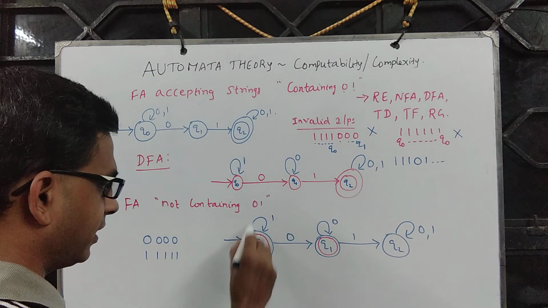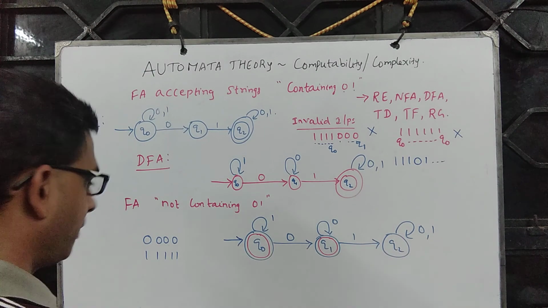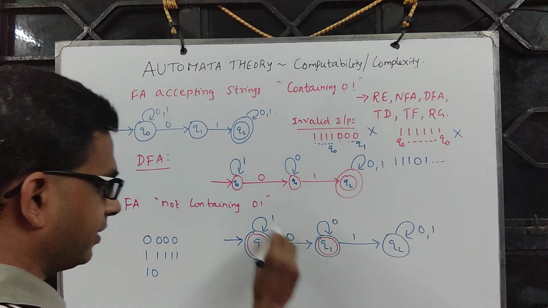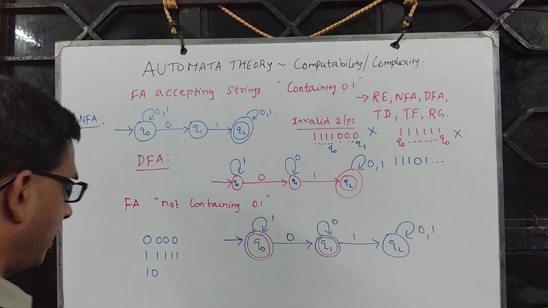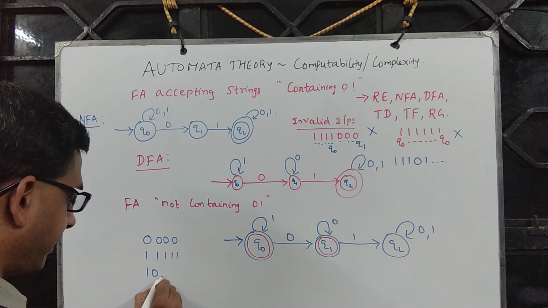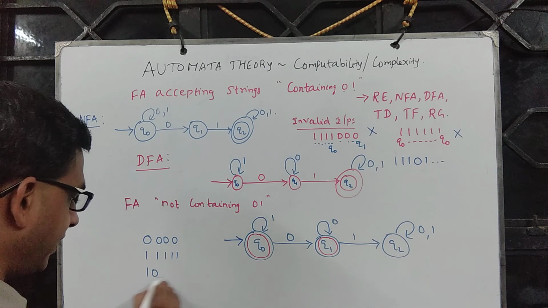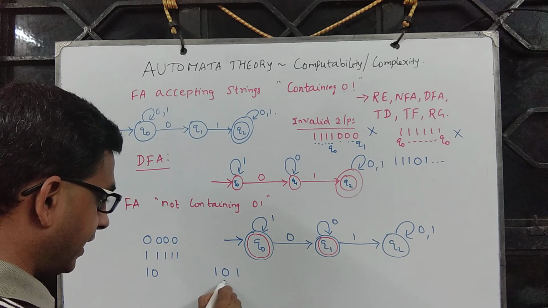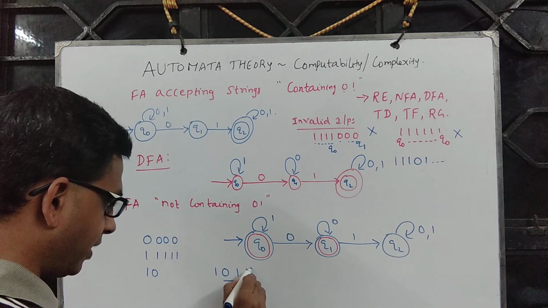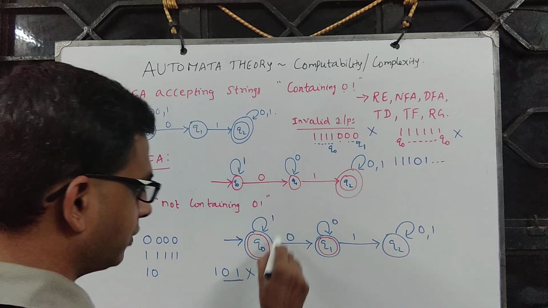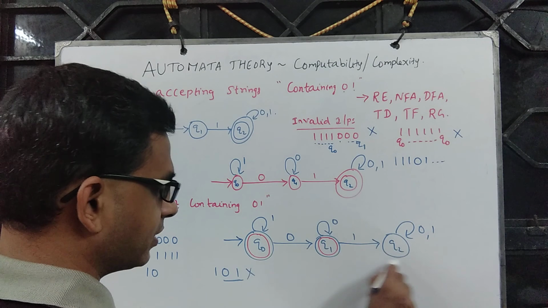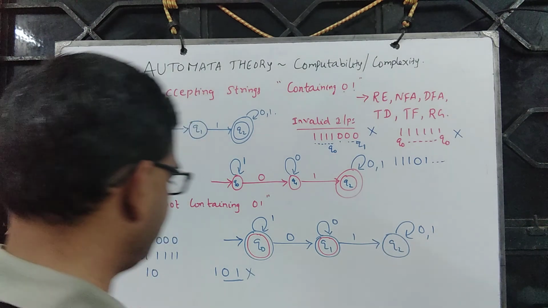And 1, 0 is accepted by the machine, and after 1, 0, if it reads a 1, it has 0, 1 in it, so it should not be accepted by the machine. So after 1, 0, if it reads a 1, it is rejected because it is in a non-final state.